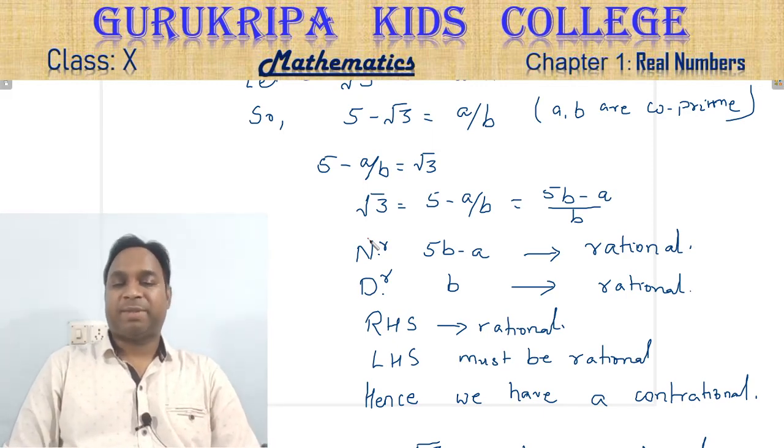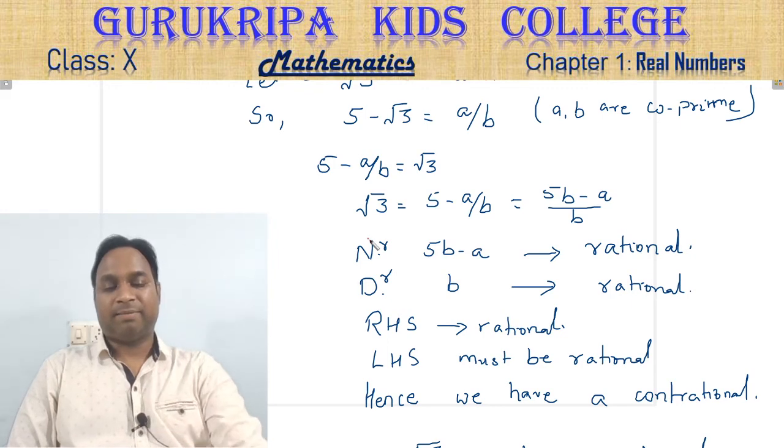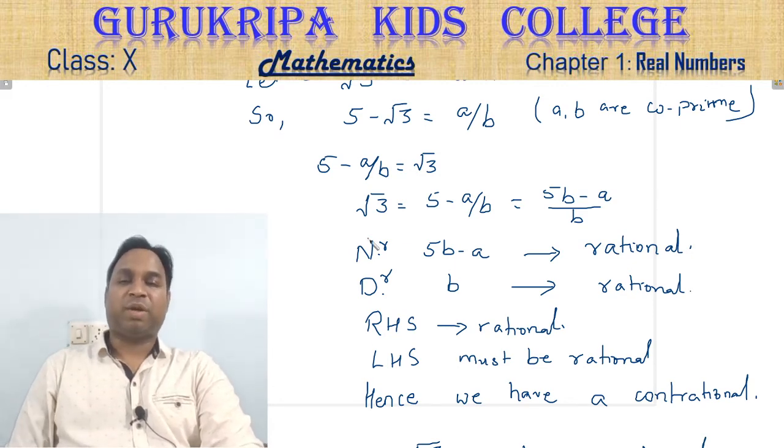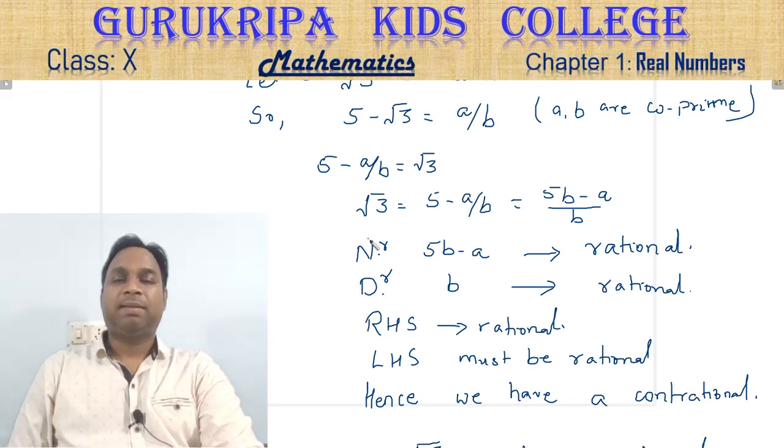If our assumption is true that 5 minus square root 3 is rational, then square root 3 also has to be rational. But we already know that square root 3 is irrational. So we arrive at a contradiction. Therefore, 5 minus square root 3 has to be irrational.